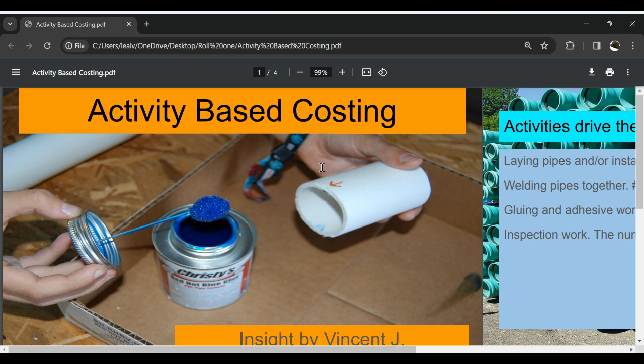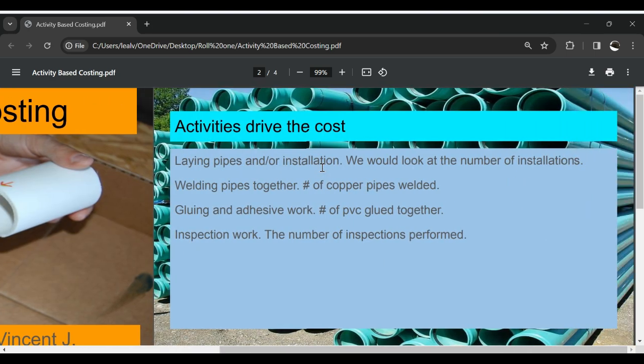So essentially, activity-based costing is exactly as it sounds. We're trying to understand the activities that drive the cost. As I was mentioning, we are doing a plumbing company. So we want to understand the product, and also the activities that are involved. We would look at activity cost pools, which would be things such as laying pipes and installation.